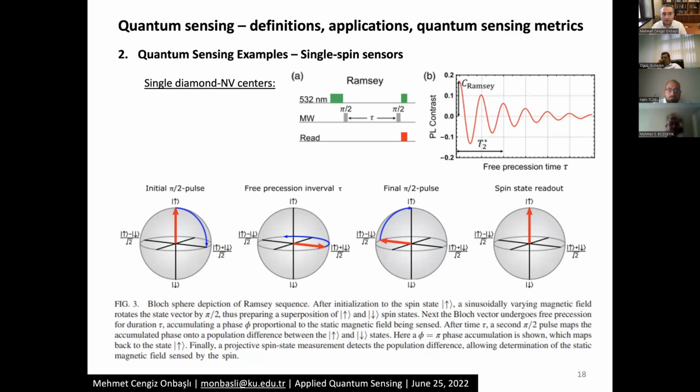And then what we do next is we let the system relax by waiting a duration of tau. And then in this Bell state configuration, we apply another microwave pulse, which is again pi/2 duration. And we finally apply another optical pulse for detecting the fluorescence of the remaining state.